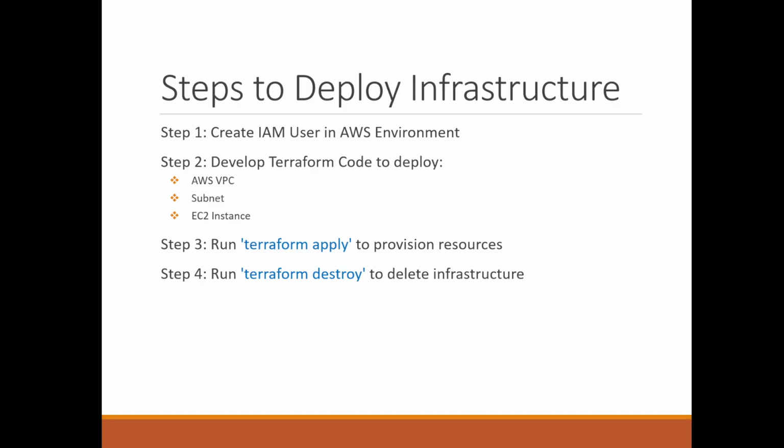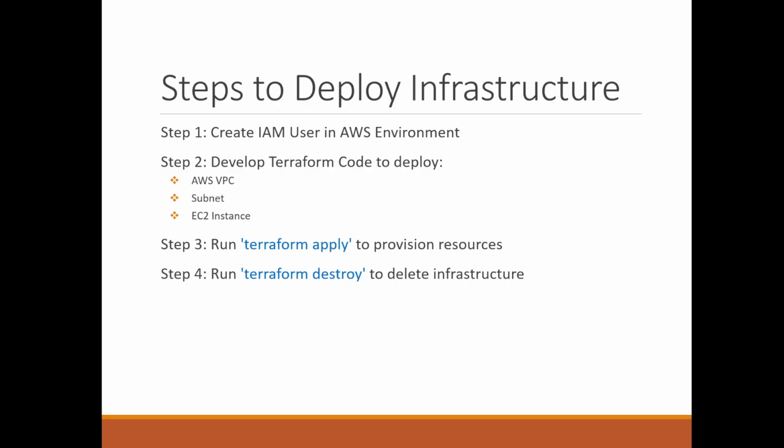All right. So what we have to cover in this video is, first, we'll create an IAM user in the AWS environment, which will basically authenticate Terraform to speak with the AWS environment and deploy the resources in it.